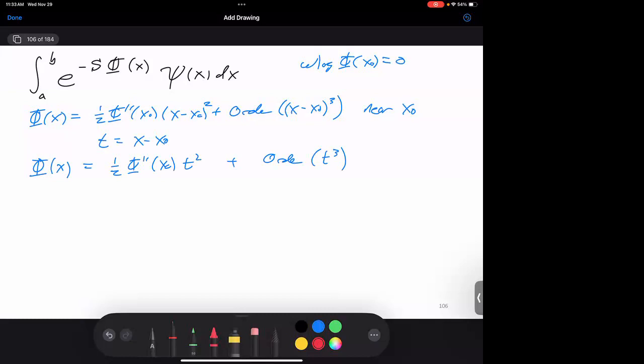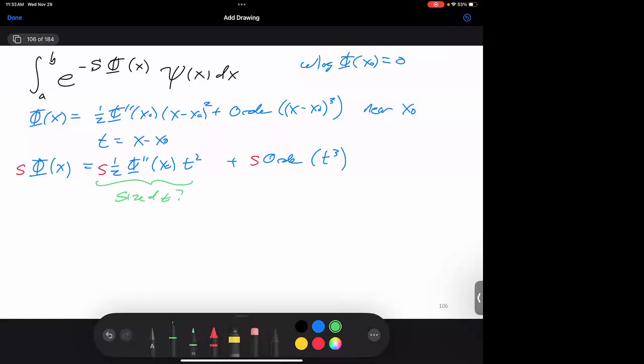And now I'm going to put in my factor of s. Okay. And I want things to stay small. So when I look at the different terms, if I'm looking at this term, what should that tell me about the size of t?